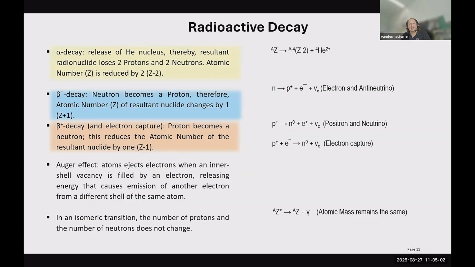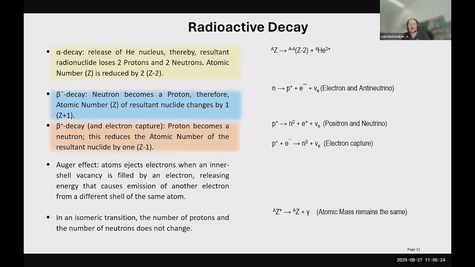So the forms of decay from these nuclides that we focus on a lot for medical application are, first, alpha decay, which is in essence the release of a helium nucleus. Alpha decay does not penetrate very far, but its energy is particularly high, so it has a devastating effect.